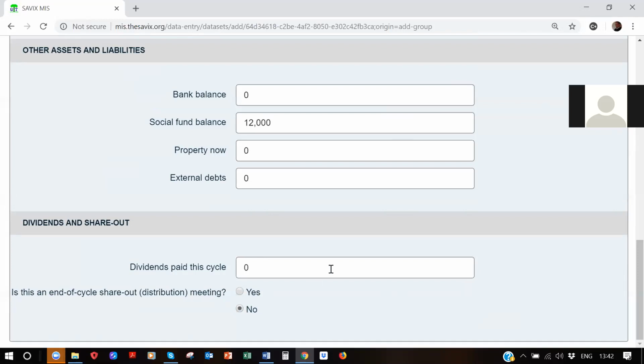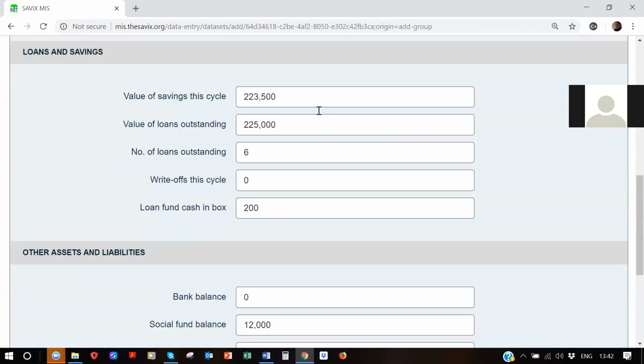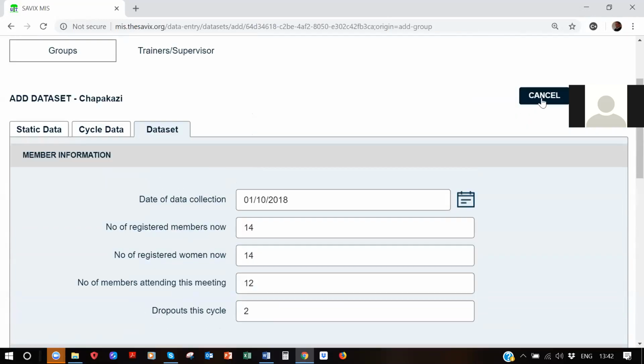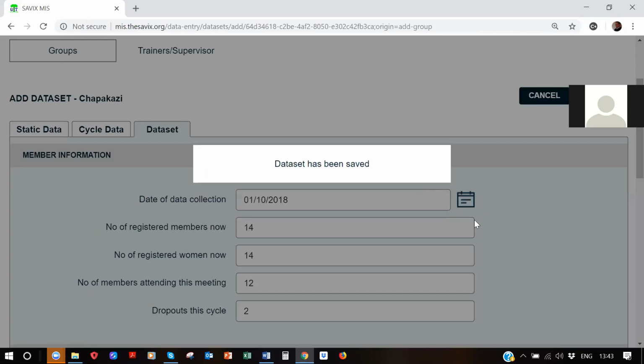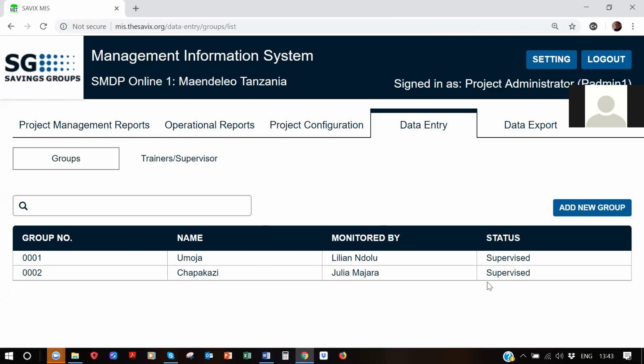Okay, so now I'm going to save this. Now I've entered 2 groups, and you can see that this group has been given a number of 0002, and so on and so on.